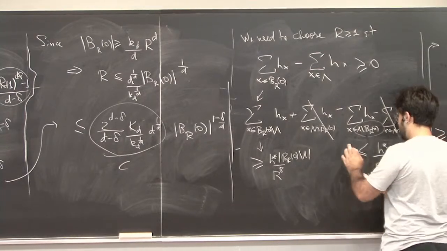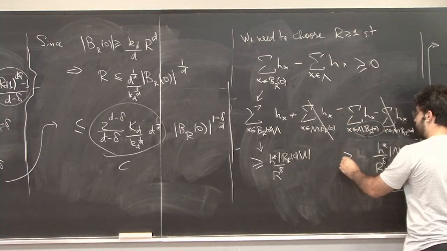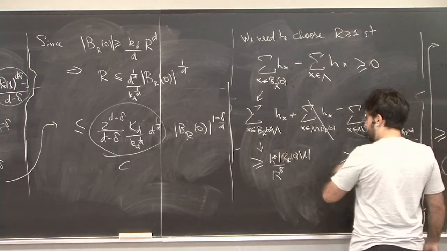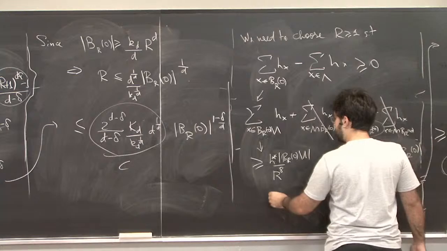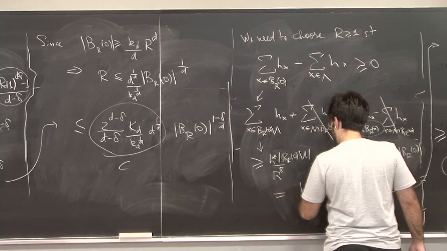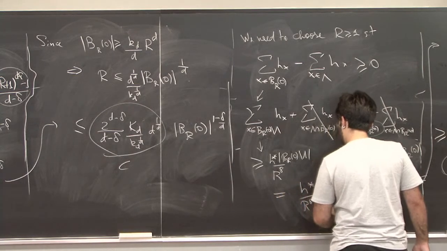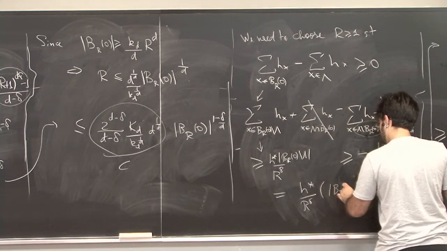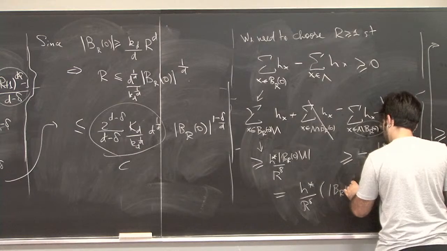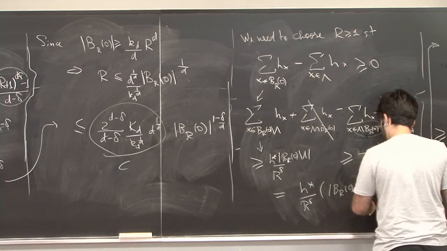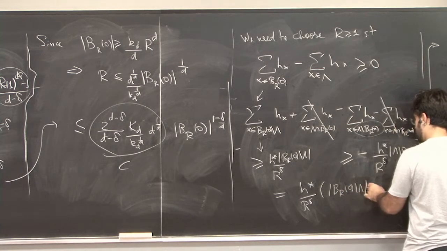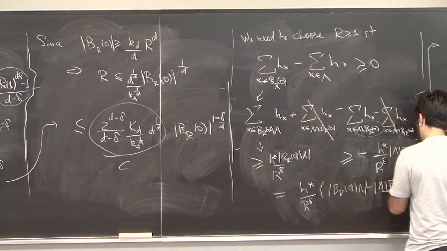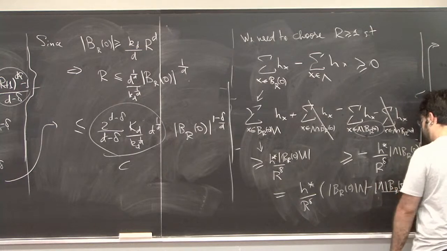So this means that minus this sum is lower bounded by minus this quantity over here. So summing these two lower bounds, this gives me h star r delta times the size of the ball B_r(0) minus lambda, minus the size of lambda minus B_r(0). Okay.